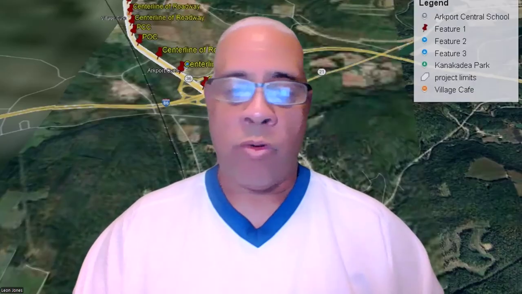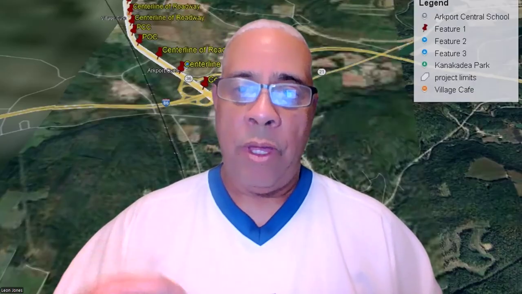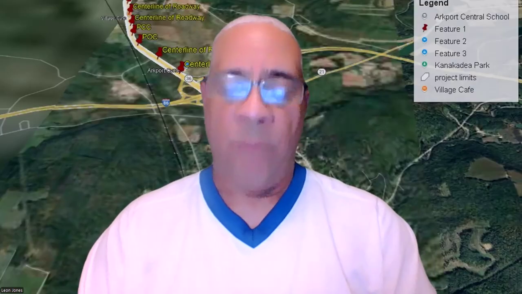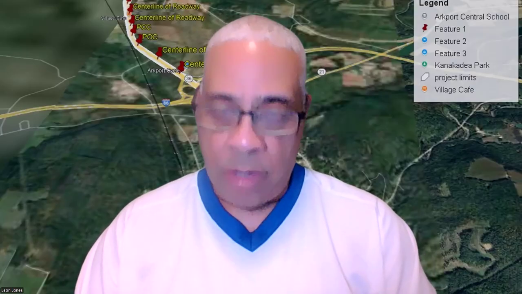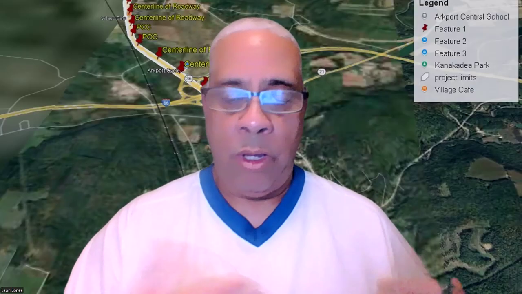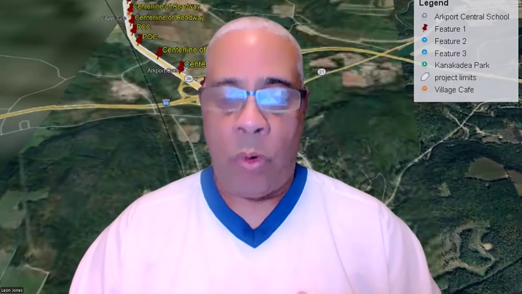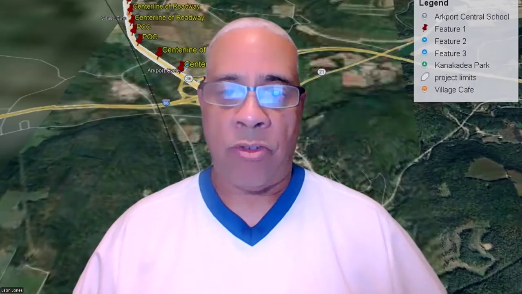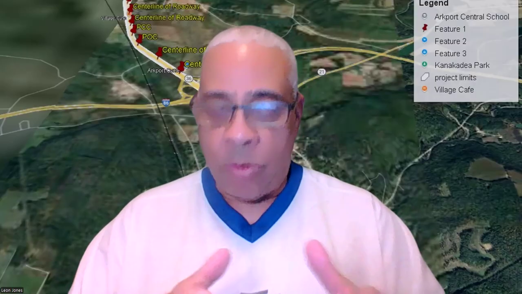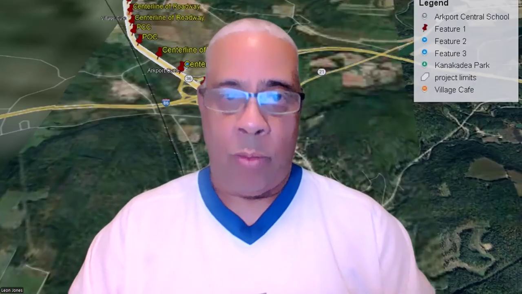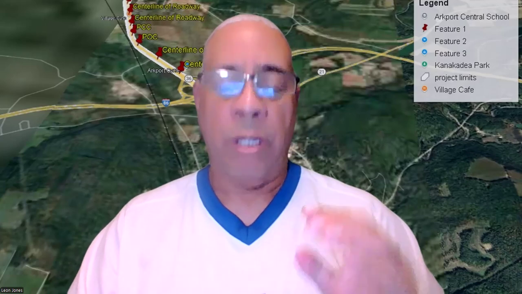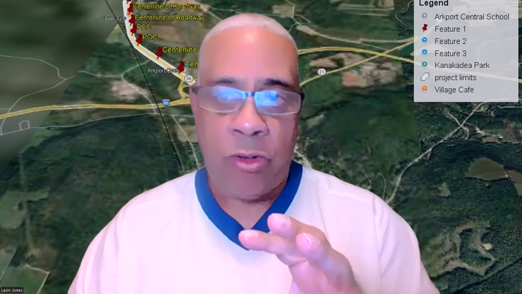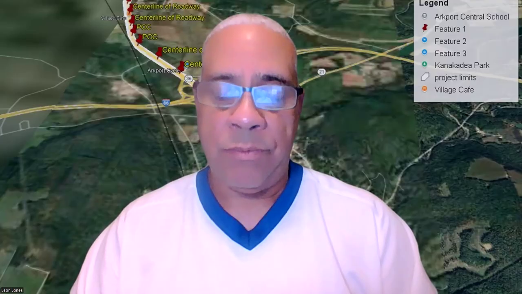So if I were to create a network or a path, that line would actually follow that road to the center. And if I wanted to utilize these points, I could create developments from these points. And with these points, I can put other control points in. But these points were actually established.